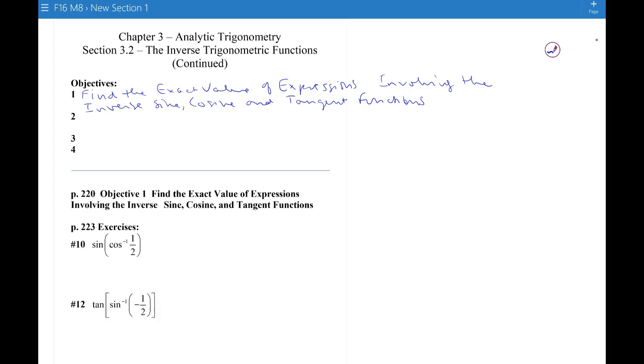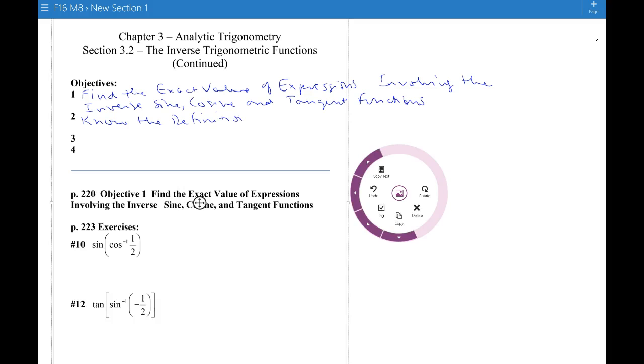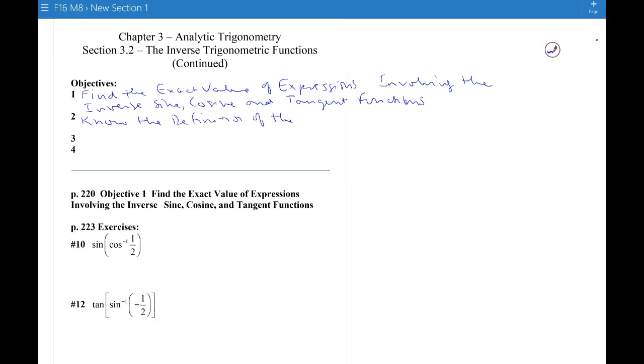So more work on those. And then we need to know the definitions of the inverse secant, cosecant, and cotangent functions.